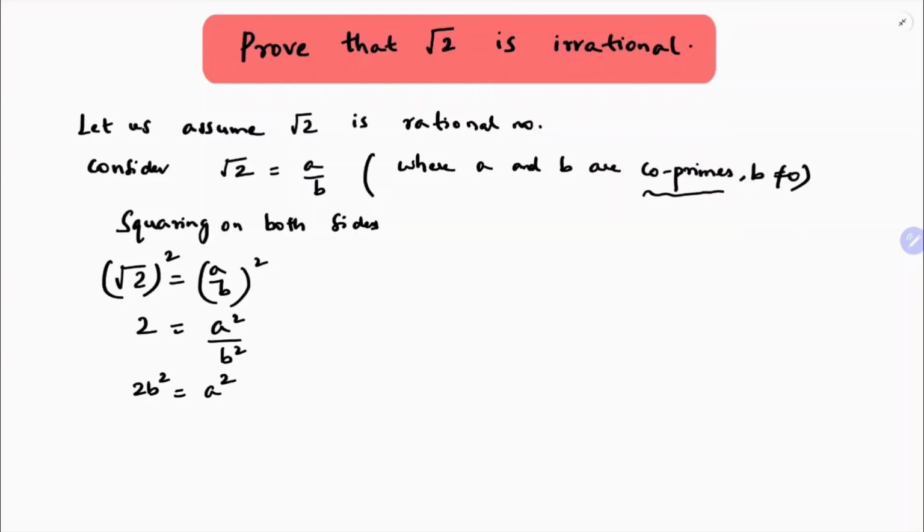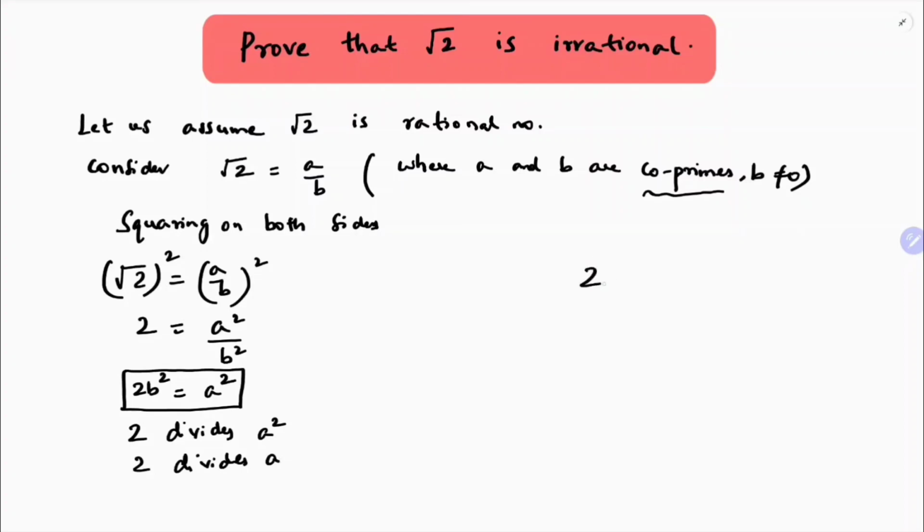Here a square can be divided by 2, so 2 divides a square. Then definitely 2 divides a.